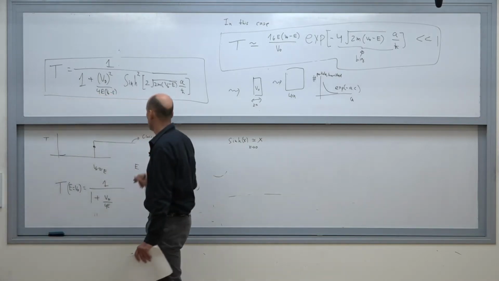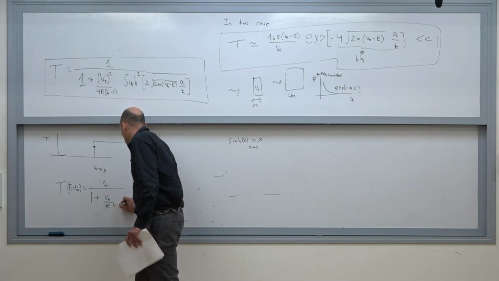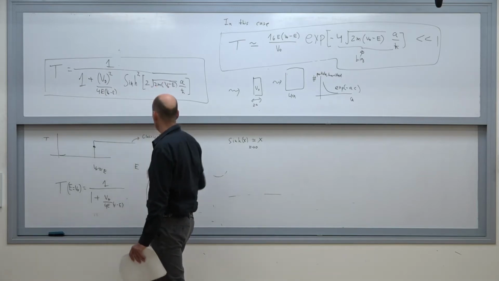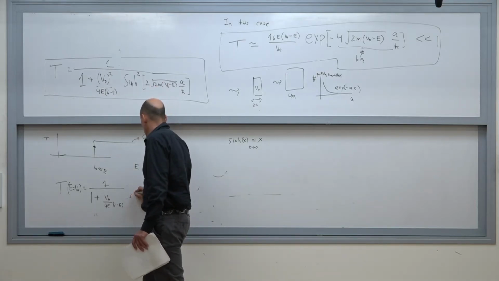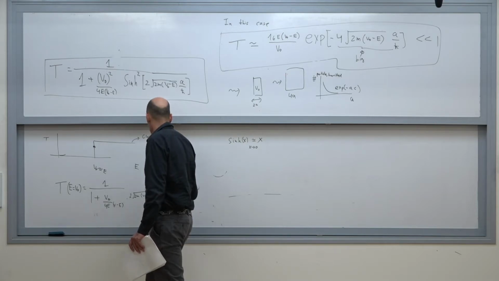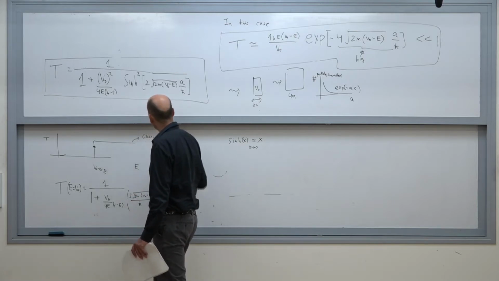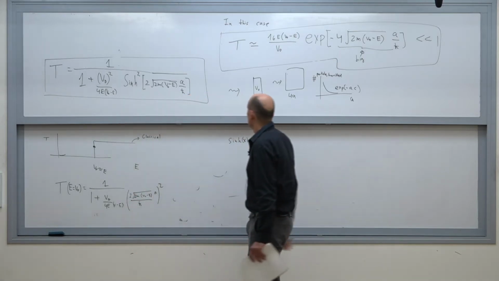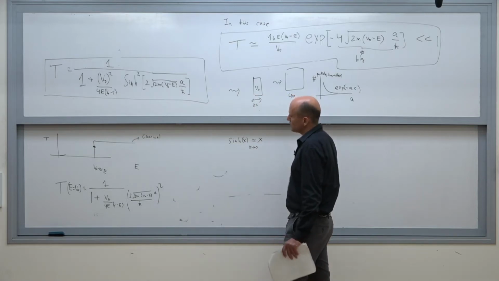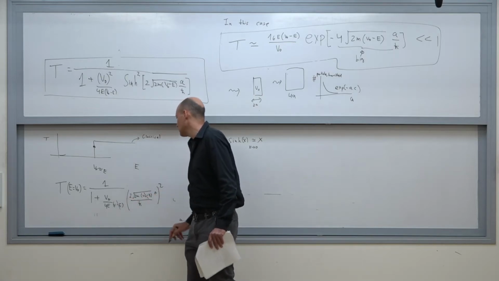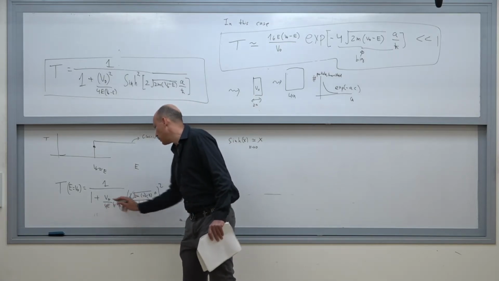Okay, let us write it. V0 minus E times this thing, 2 square root of 2m (V0 minus E) a over h bar. What do I need to do now? To the power 2, this is this guy. And that's it. Then this guy will cancel, this guy will cancel, this 2 will cancel with this 4.